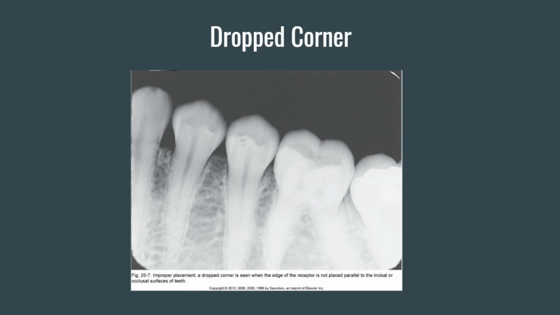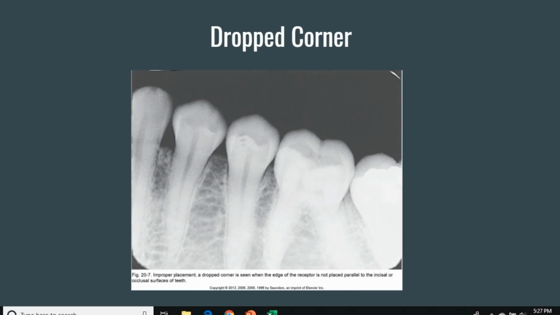Another film placement error that we have is called a dropped corner. And this is when the occlusal plane appears tipped or tilted. So you can see that in this particular one, everything kind of goes at this downward slant, when ideally we would want that film to run sort of straight across or more straight across.